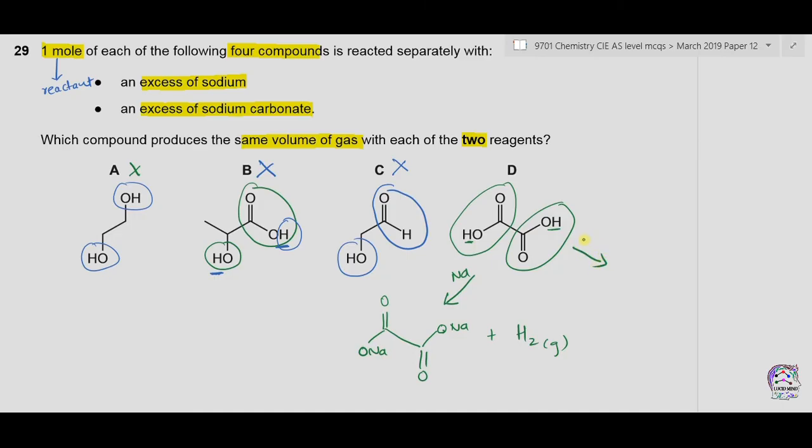Second reaction is with sodium carbonate. Now this product is going to be produced. Again, one hydrogen atom is being removed from this part, one from this part. So we have H2O along with CO2.